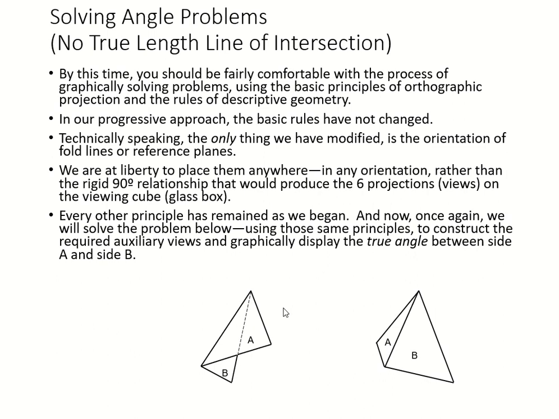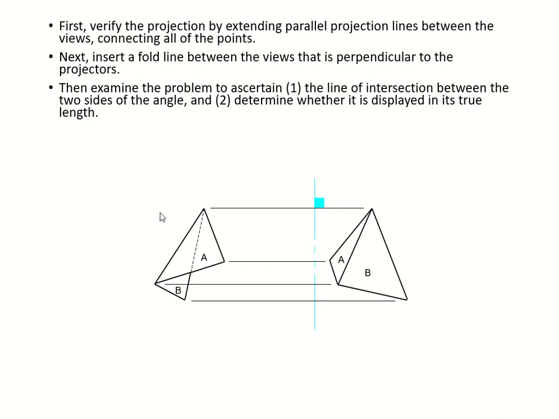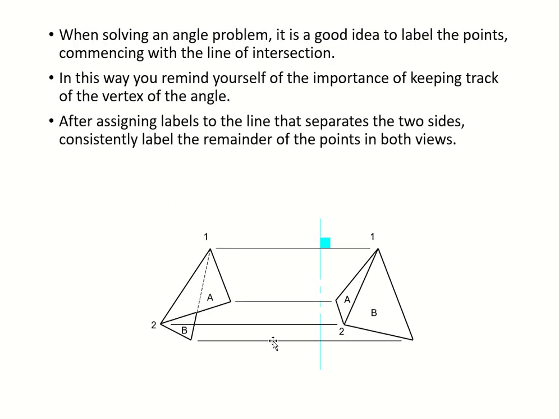We're going to use the auxiliary view technique to solve the true angle between the two surfaces. First, your projectors: 1, 2, 3, 4, because we have four points, so you have four projection lines. Throw your fold line perpendicular to these projection lines.